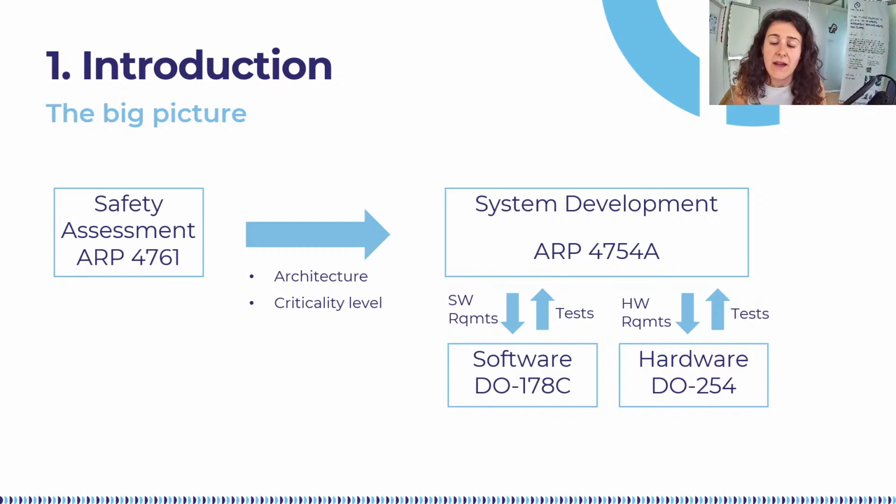In this guideline, we set all the requirements for software and complex hardware. And then, with the DOs, the software DO-178C and for hardware DO-254, we validate all these requirements with tests.